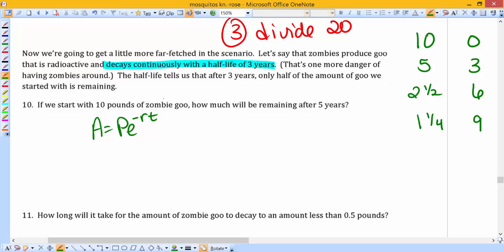It's not 0.5. If I start with 10, what's half of that? Half of that is 5. So then I would have negative r. I don't know what the r is. I have no clue what the rate is. They didn't even give it to me. But I know my time is 3 years because my half-life is 3 years.